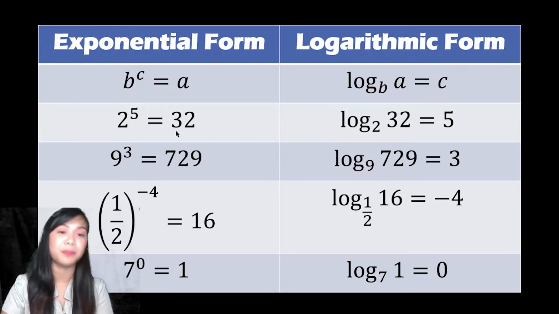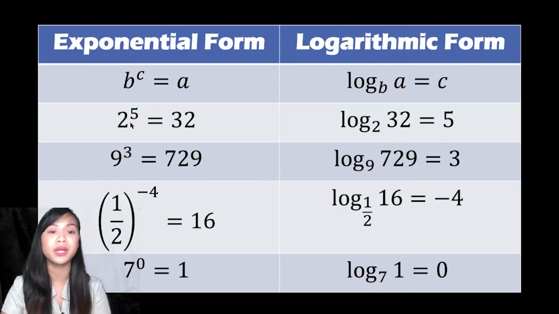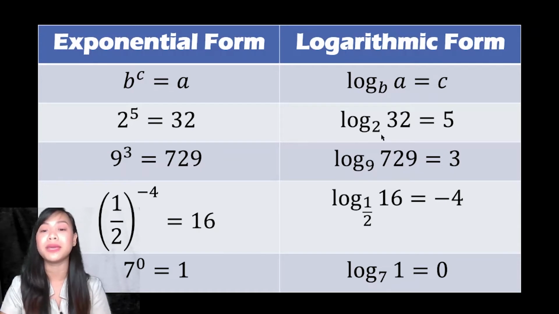Let's have examples. In exponential form, 2 raised to 5: 2 is the base and the exponent is 5, so 2 times 2 times 2 times 2 times 2 equals 32. In logarithmic form, log base 2 of 32 equals 5. The exponent is 5, the base is 2, and the answer to 2 raised to 5 is the power 32.